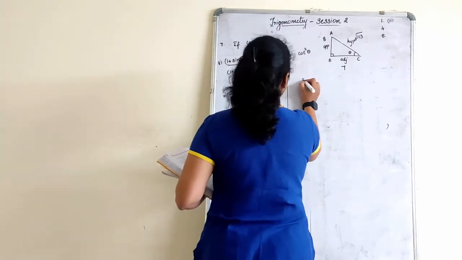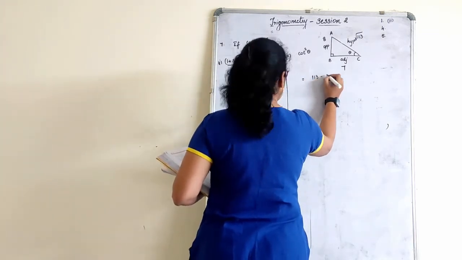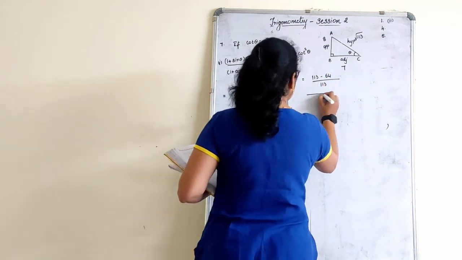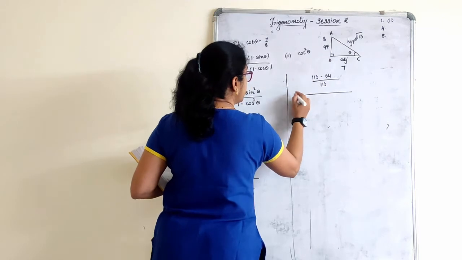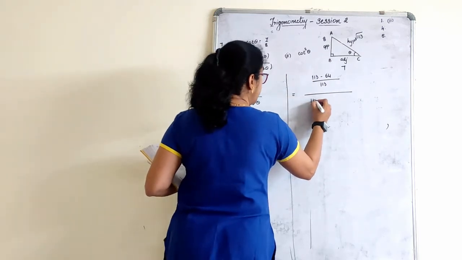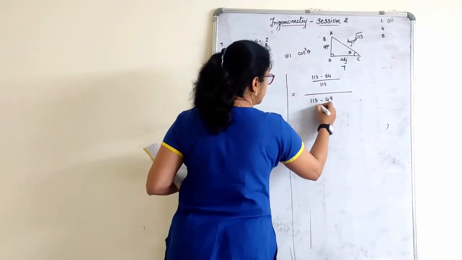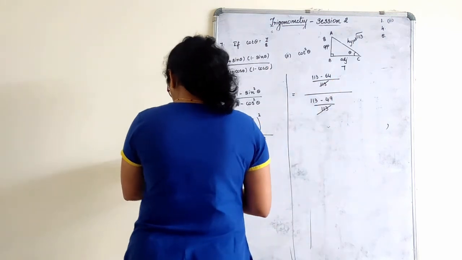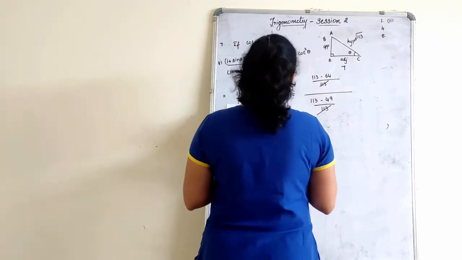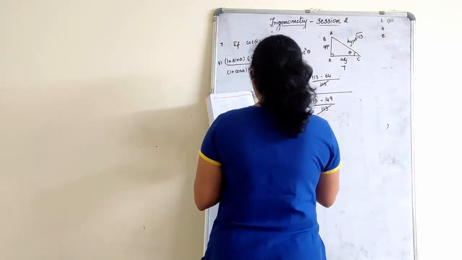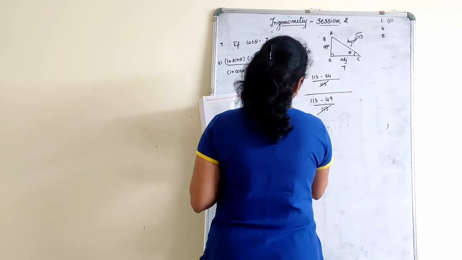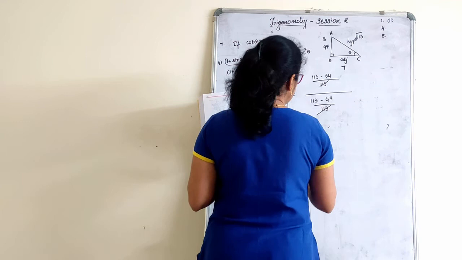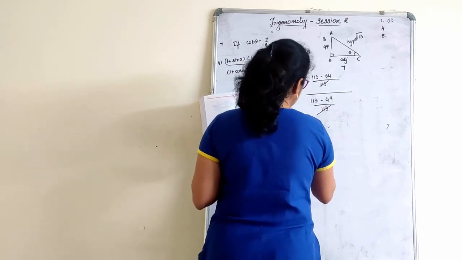Take LCM. 113 minus 64 divided by 113, whole divided by 113 minus 49 divided by 113. 113 and 113 can be cancelled here. 113 minus 64 is 49. 113 minus 49 is 64.